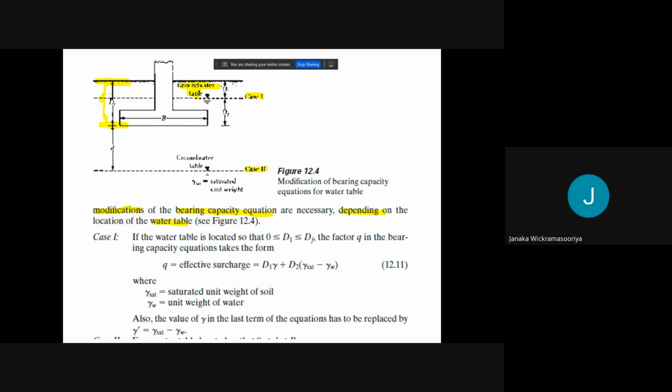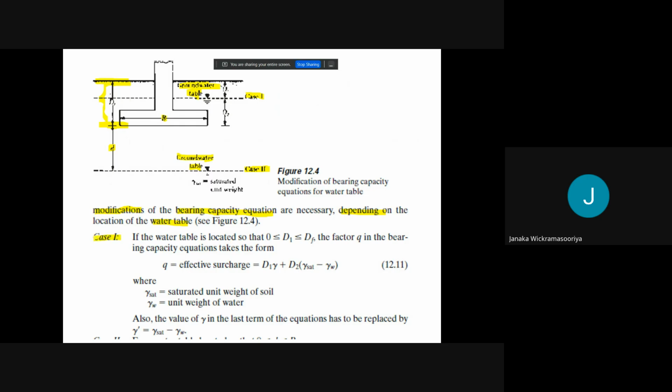Case 2 is the groundwater table at a depth D, which is greater than the foundation depth and less than B, from here up to a depth of B.